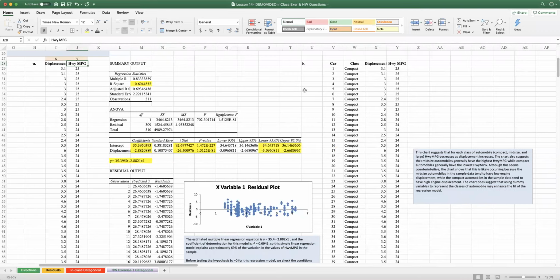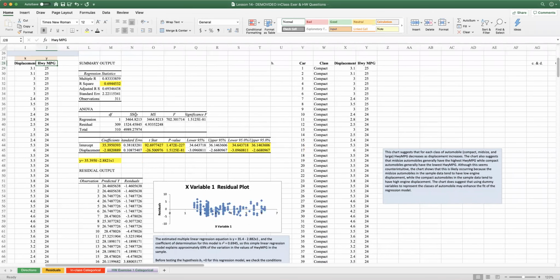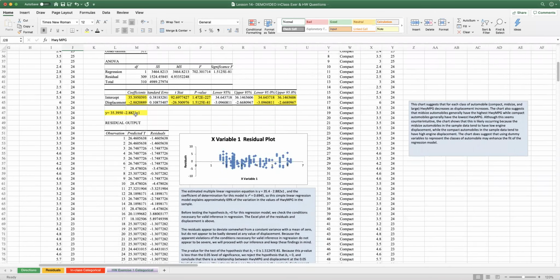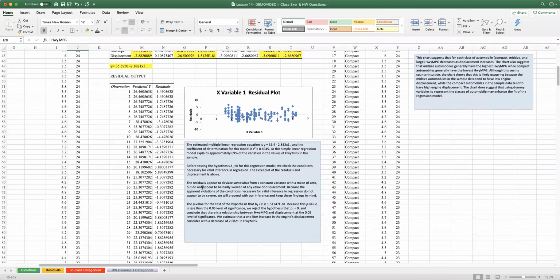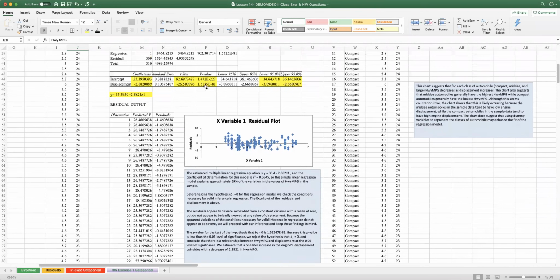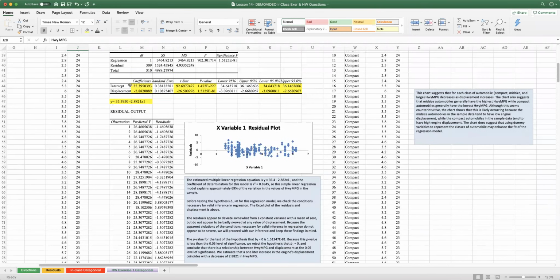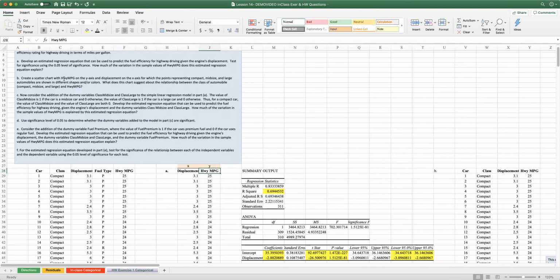Okay, so what it's asking us to do in B, I encourage you to read through this. It just talks about making inferences based on these statistics. In B, we're going to create a scatter chart with the highway miles per gallon on the y-axis and displacement on the x-axis, for which the points representing compact, mid-size, and large automobiles are shown in different colors or shapes.